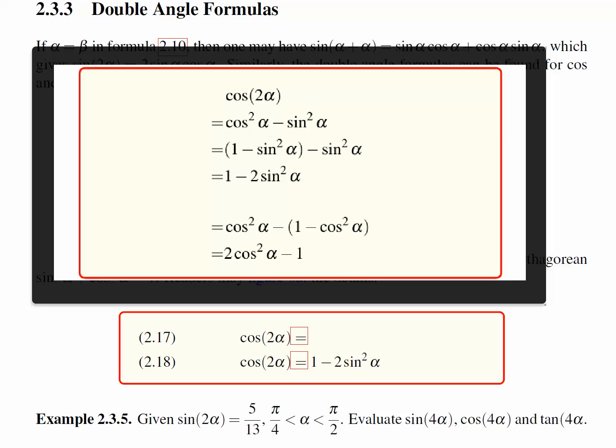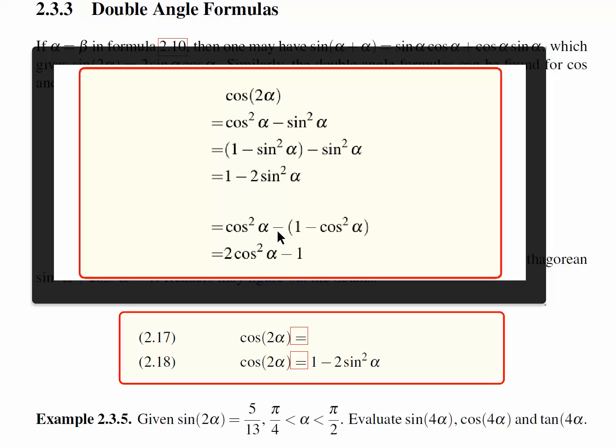And then by the Pythagorean theorem, sine alpha squared is 1 minus cosine alpha squared. Then this negative sign is distributed to 1, so you have a minus 1, and it is distributed to cosine alpha squared.